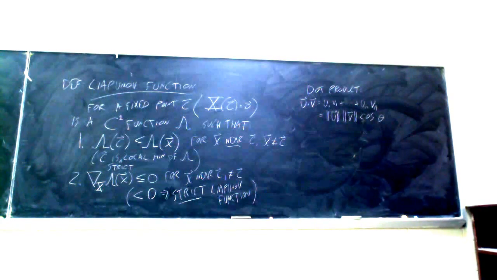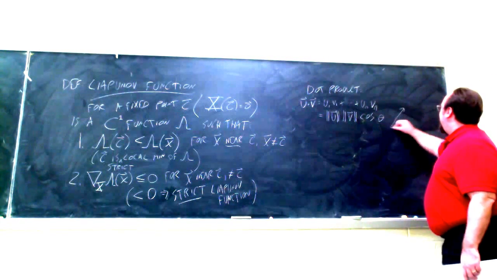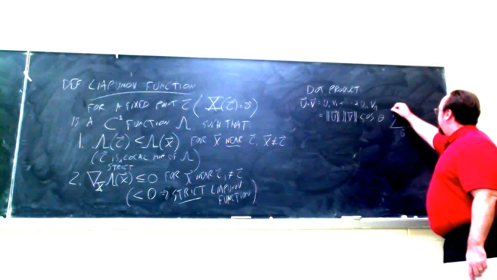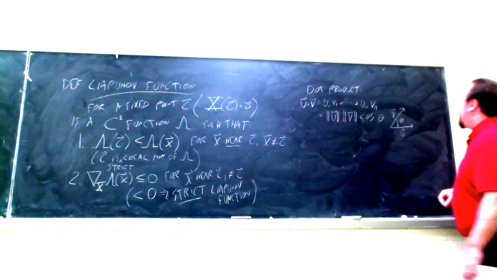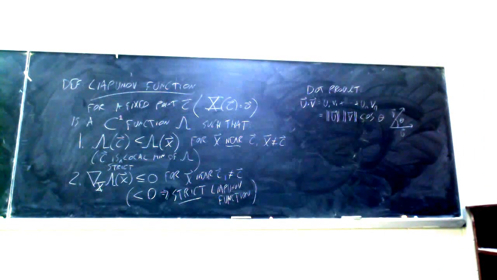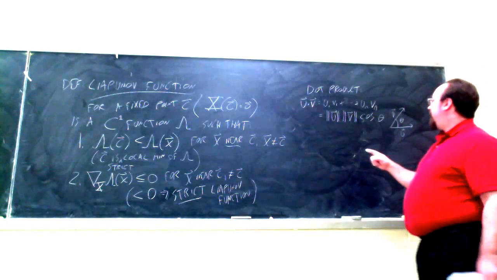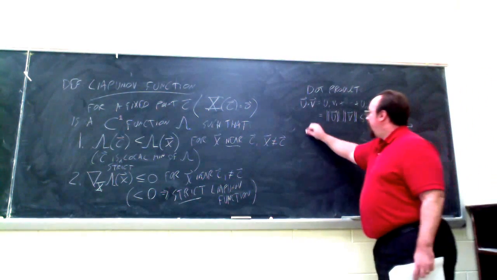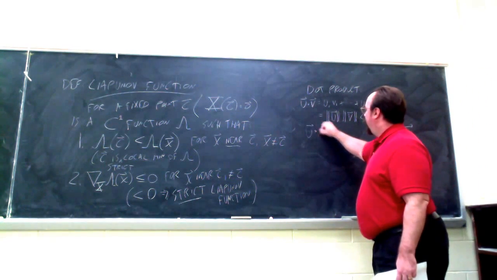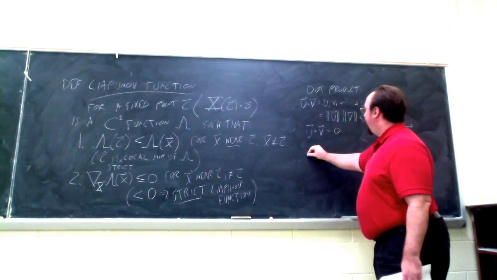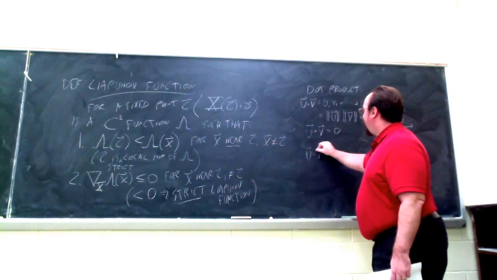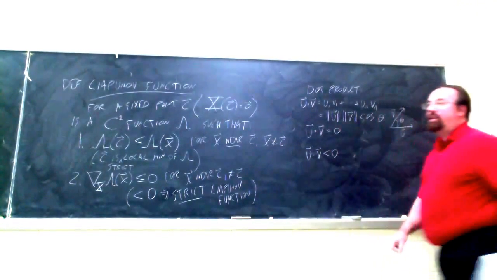Where theta is the angle between u and v. So what does it mean when the dot product is equal to 0 versus the dot product being negative?